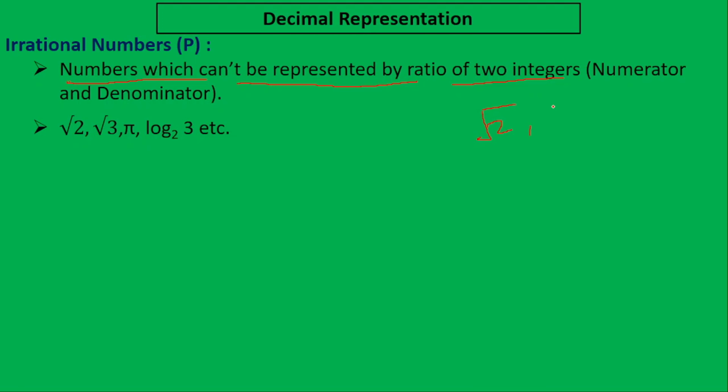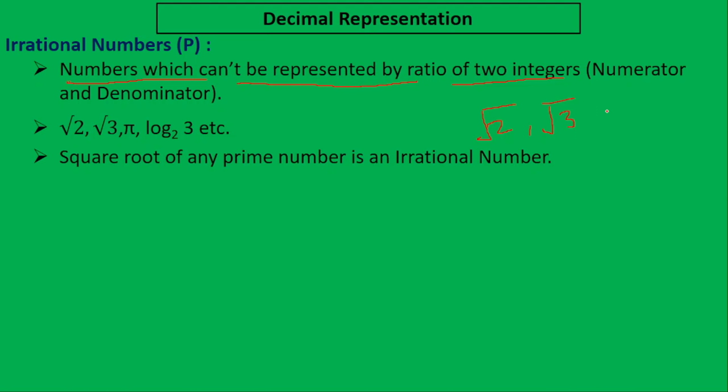So root 3, root 2, root 5. The square root of any prime number is an irrational number. Square roots of non-perfect squares are irrational numbers.